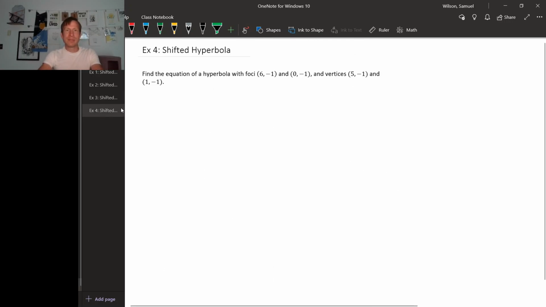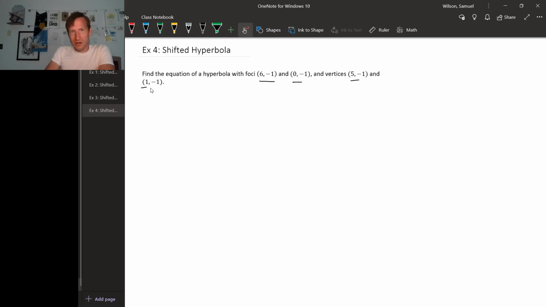All right. Last example for now. Let's find the equation of a hyperbola whose foci are 6 comma minus 1 and 0 comma minus 1, and whose vertices are 5 comma minus 1 and 1 comma minus 1. Okay, let's sketch a graph of this first. So 6 comma minus 1, 1, 2, 3, 4, 5, 6, minus 1 there.